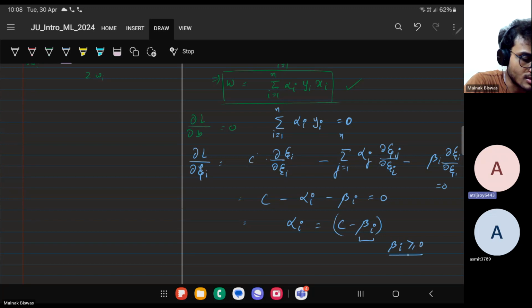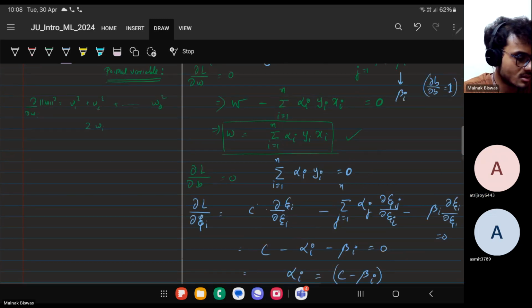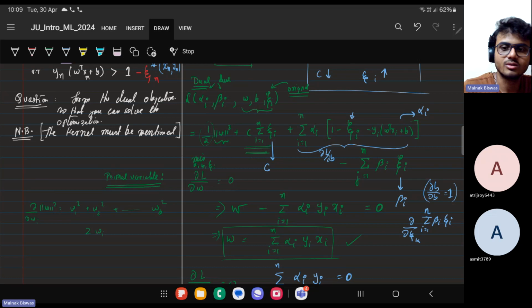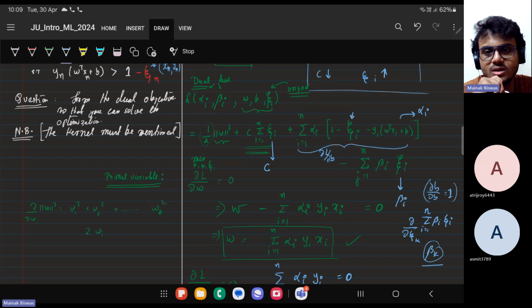Why are alphas not getting summed up, alpha and beta in this equation? Okay, so this is xi I. Beta, how will it be summed up? If you take the summation of beta I xi I, I equal to 1 to n, with respect to the kth derivative, it will give beta k only. Similarly, you will get alpha k. Whatever you take the derivative with respect to, you get that coefficient.